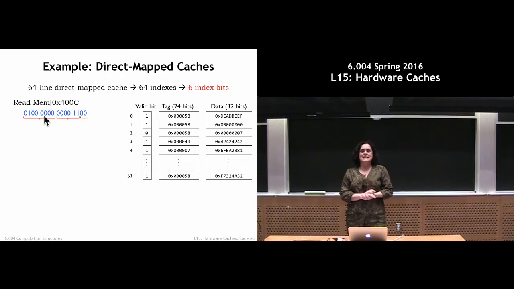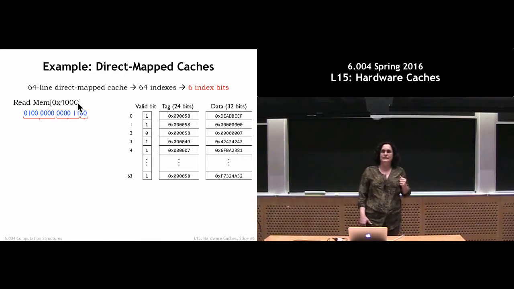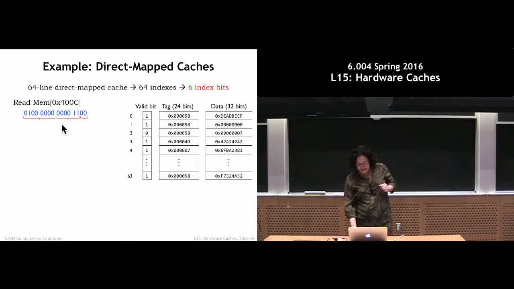Since I have information in my index about the address, I don't actually have to include it in the tag, and we'll explain that in a bit more detail in just a second. So in this example, our offset is 0, my index is 3, and my tag is 0x40. So I'm going to look at the line with index 3, and check what the tag is. Well, the tag is 0x40, which is the one I'm looking for, so I got a hit.